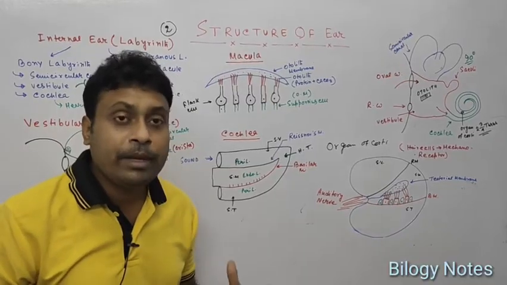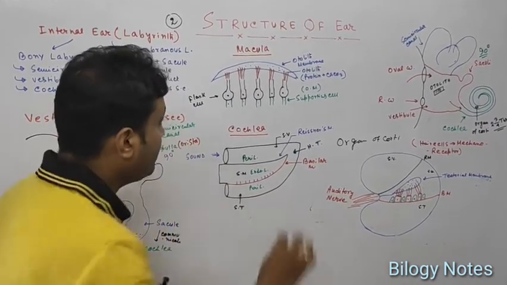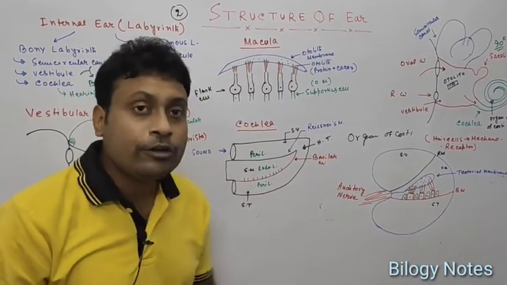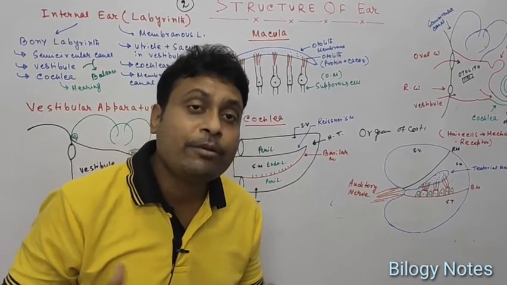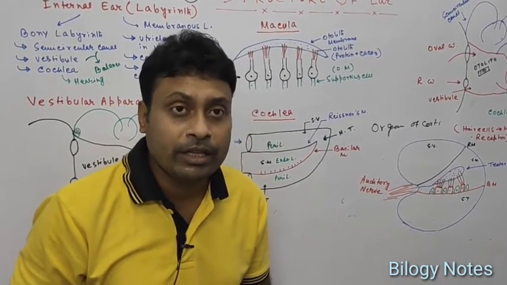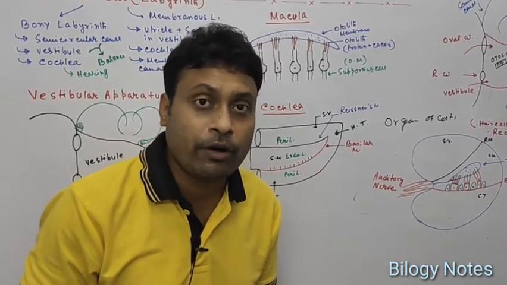And this otolithic membrane is made up of glycoprotein, and it is a gelatinous membrane. And inside the otolithic membrane, the otolith is present. Actually, the otolith maintains our balance, so this is known as a balancing organ.